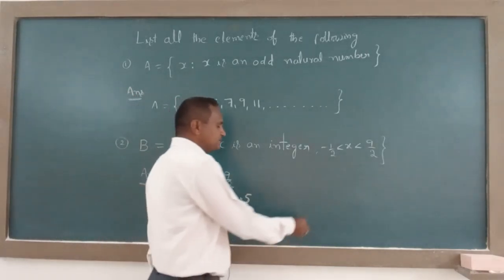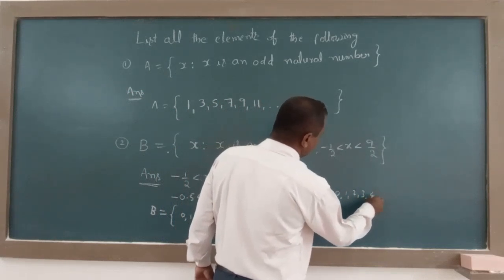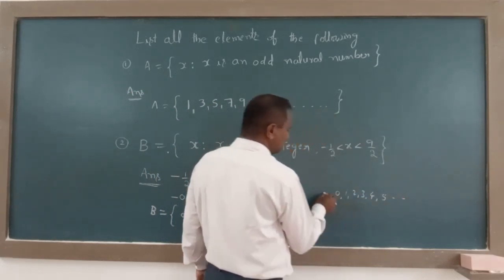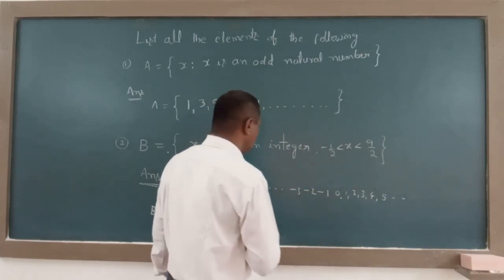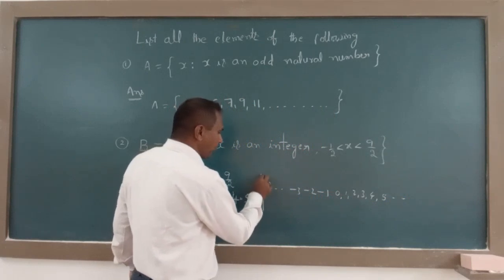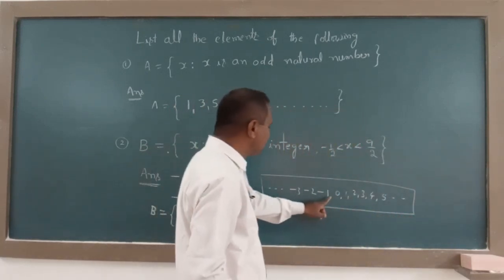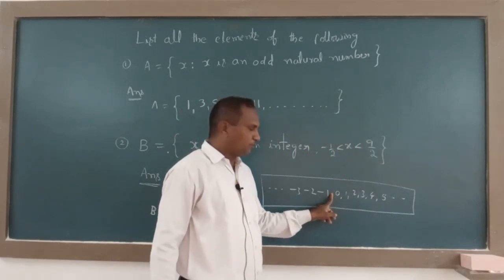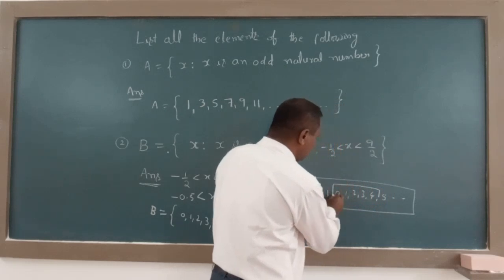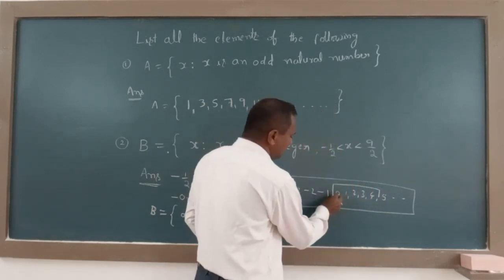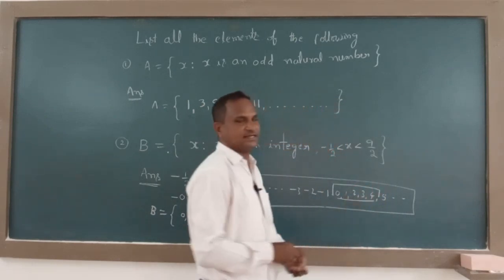Actually, on the number line you can observe 0, 1, 2, 3, 4, 5, and so on, and on the other side minus 1, minus 2, minus 3, and so on. Here, minus 0.5 will come here and 4.5 will come here. Between these, the elements are 0, 1, 2, 3, 4, which are the integers.